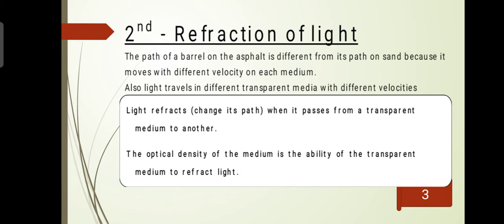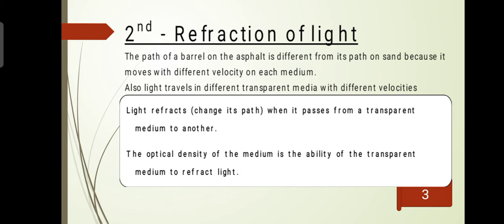So again, what is the meaning of refraction of light? It is a change of the direction of light rays when it falls on the separating surface between two transparent media that are different. Different in what? Different in the speed of light in both of them.